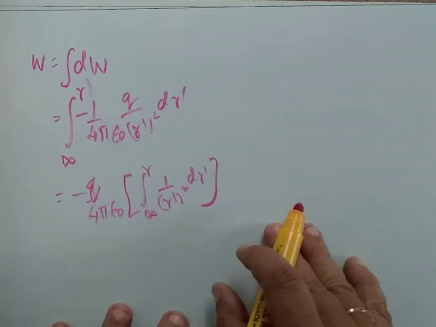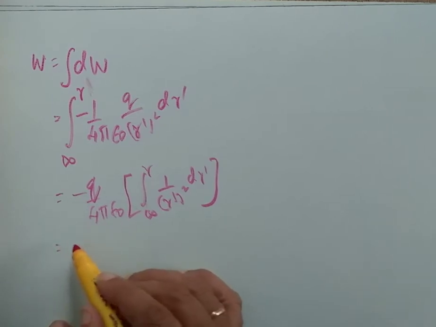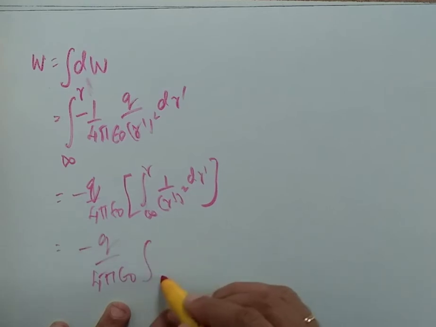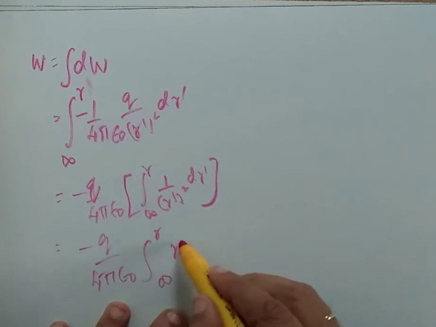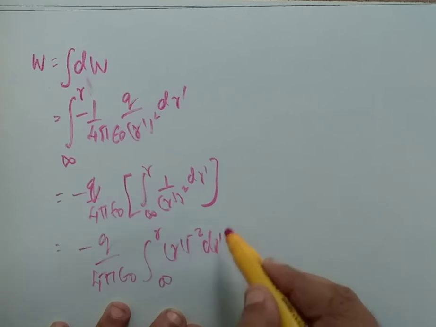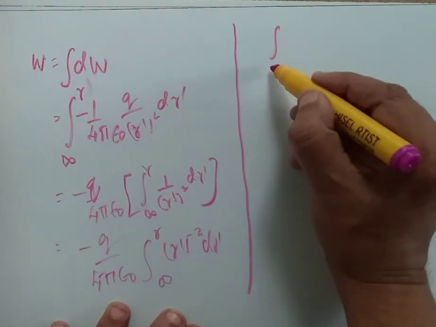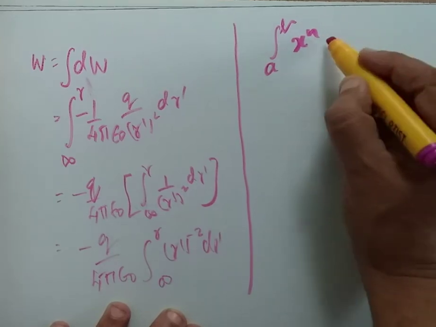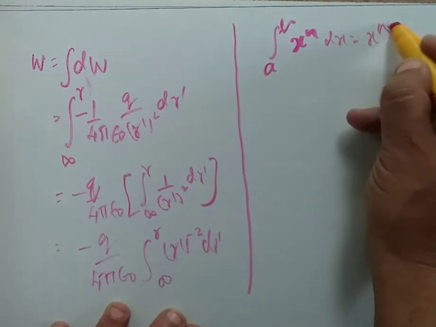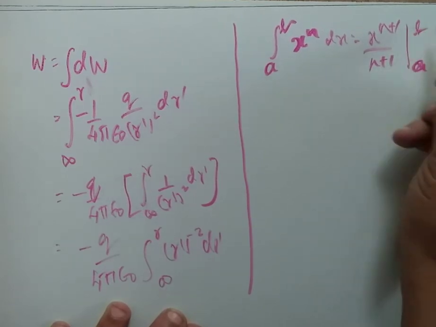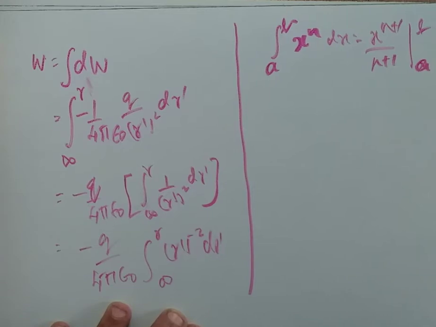But observe, 1 by r' squared can be written as r' to the power of minus 2, so W is minus Q by 4 pi epsilon naught integral from infinity to r of r' to the power of minus 2 dr'. So if you integrate this by using the formula, integral from a to b of x to the power of n dx is x to the power of n plus 1 by n plus 1 from a to b, and after that we have to replace x by b first and then x by a with a minus sign in between.